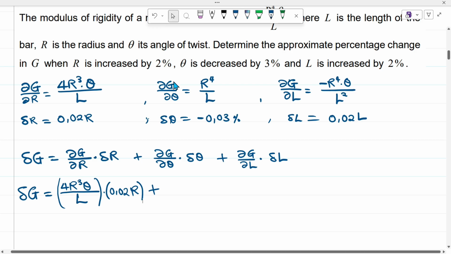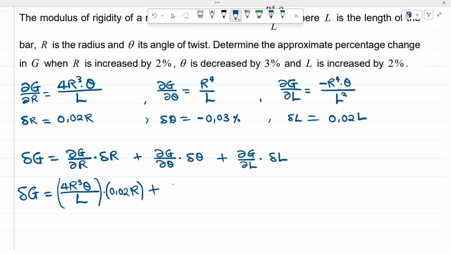Now you put G with respect to theta, that's going to be R to the power 4 over L. So we substitute R to the power of 4 upon L, and then we multiply by the small change. So the small change here, I wanted to write theta. Sorry, I don't know why I wrote that thing. Am I crazy? Yes, I think I am. So we multiply by negative 0.03 theta plus what?